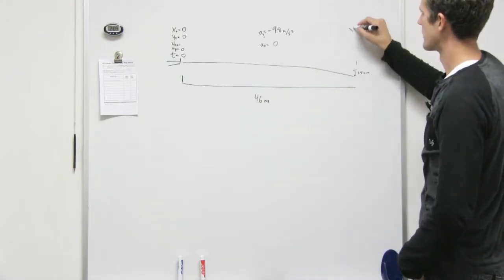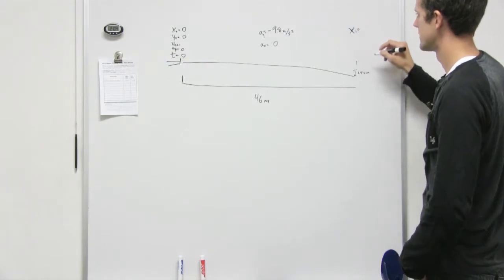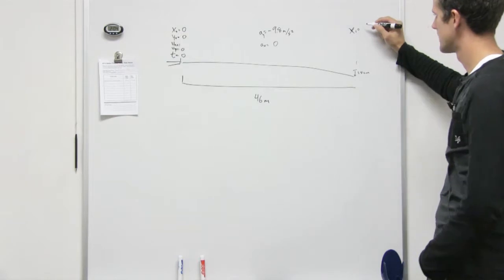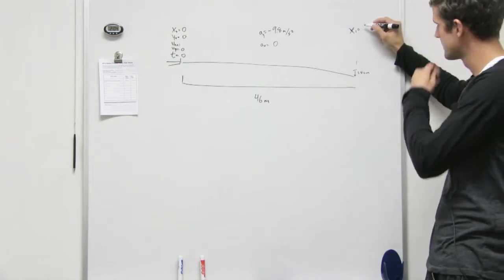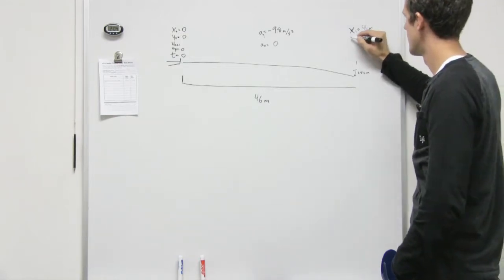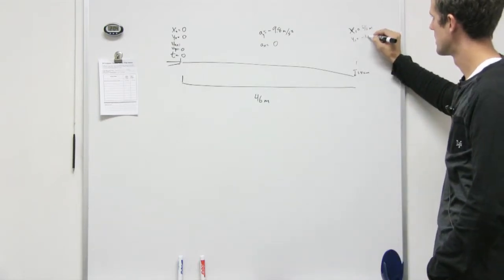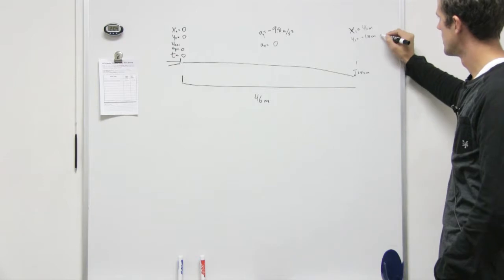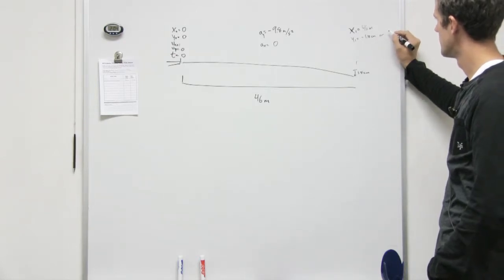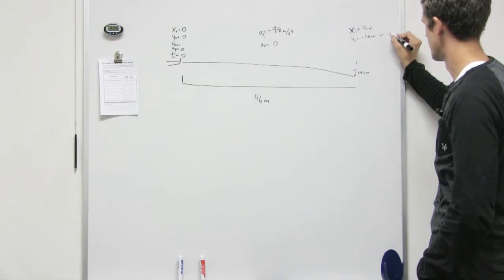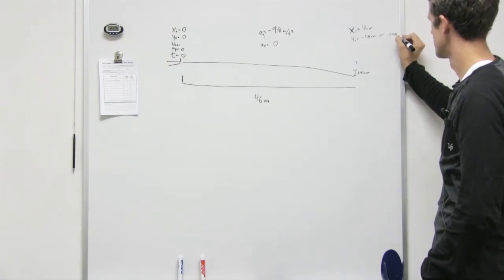So then we do the same thing over here. X1, what is it? 46 meters. Yep. Y1? Negative 1.8 centimeters. Or, because everything else is in meters, why don't we change this into negative 0.018 meters?